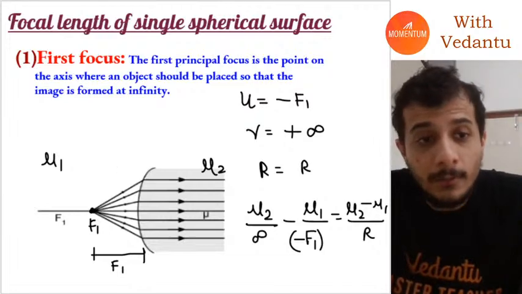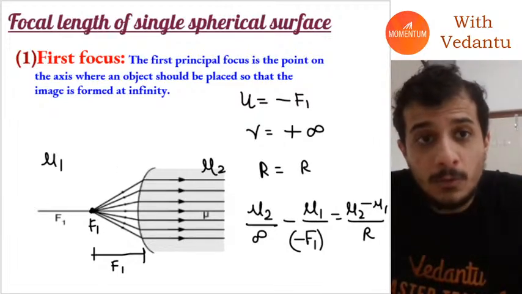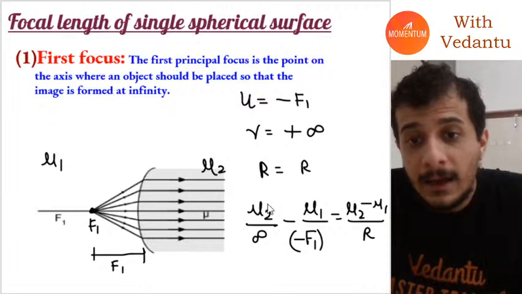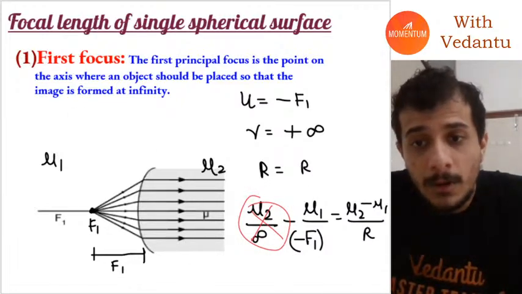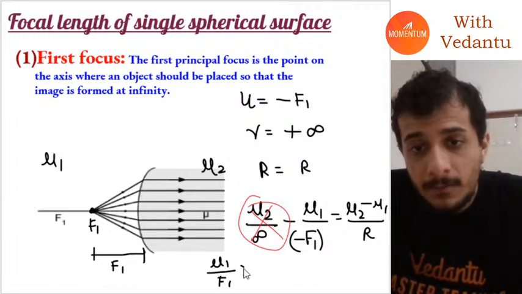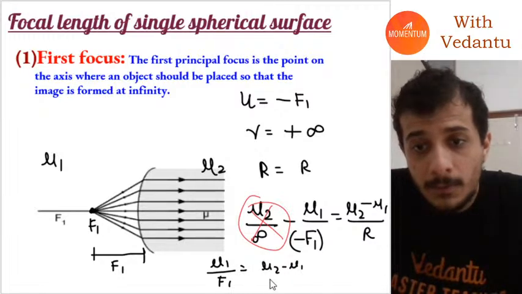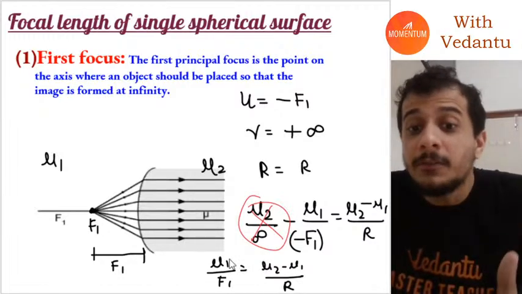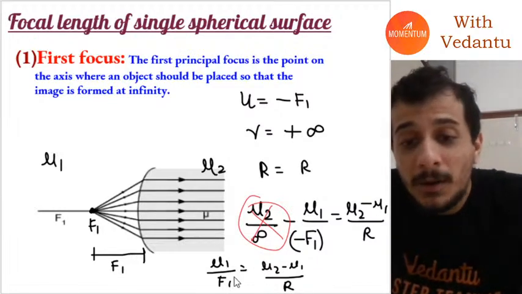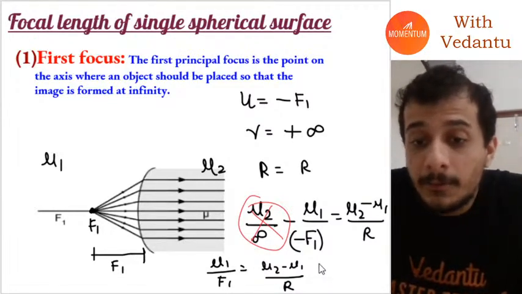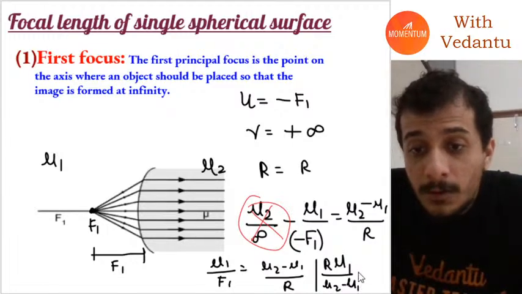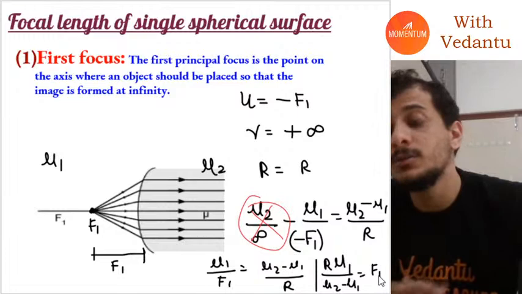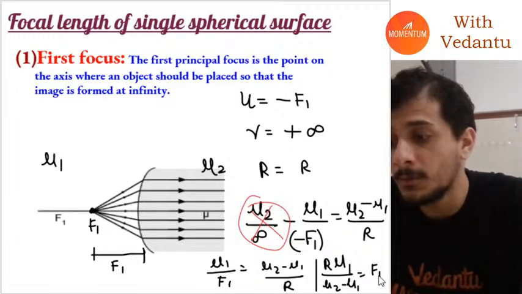If you do the calculations, you will see that this becomes 0, and this just becomes mu1 by f1. So I get mu1 by f1 is equal to mu2 minus mu1 by r, which after some cross multiplication gives me r into mu1 by mu2 minus mu1 is equal to f1.